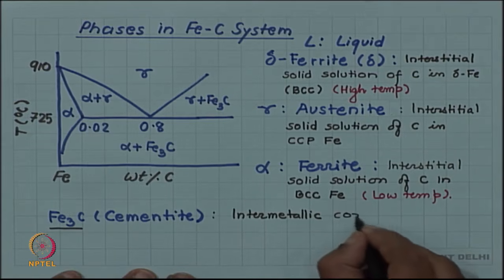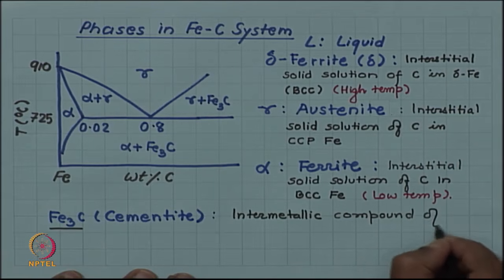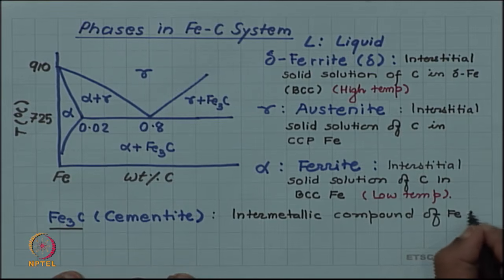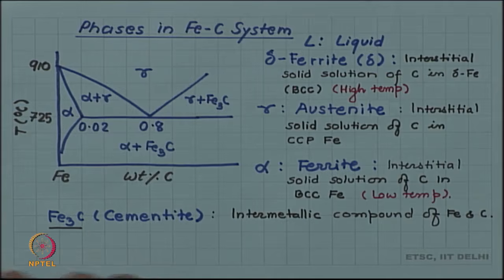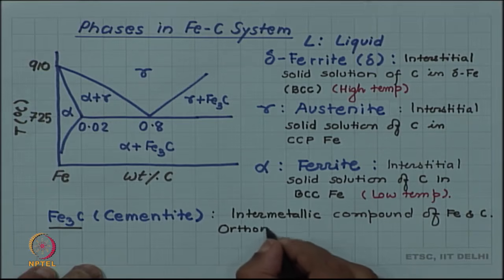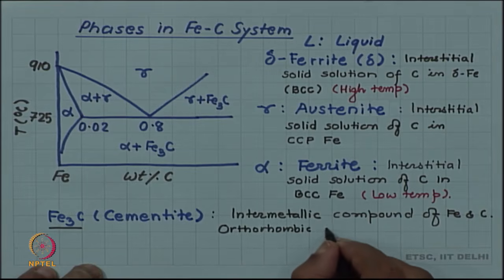So, this is an intermetallic compound of iron and carbon. It has an orthorhombic crystal. The crystal structure is complicated. The crystal system is orthorhombic.